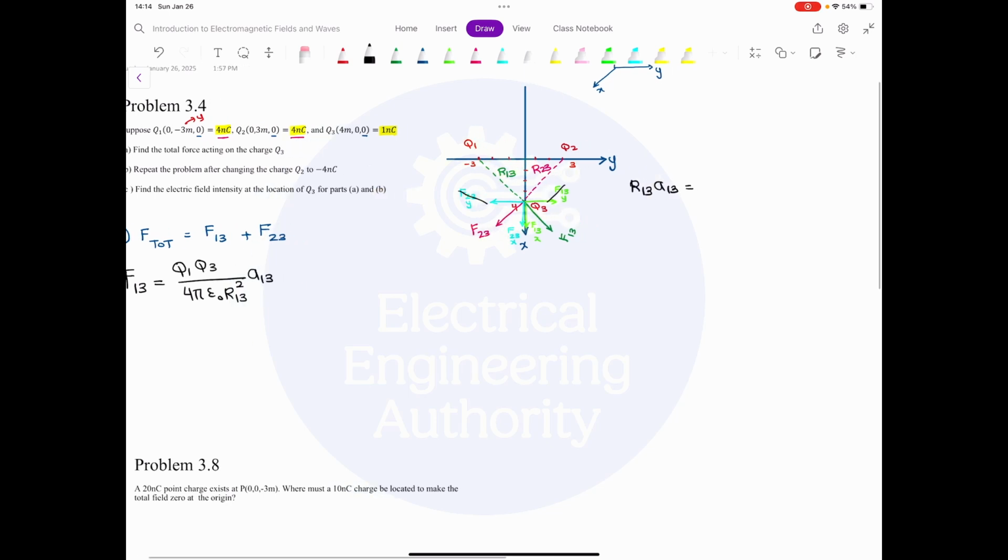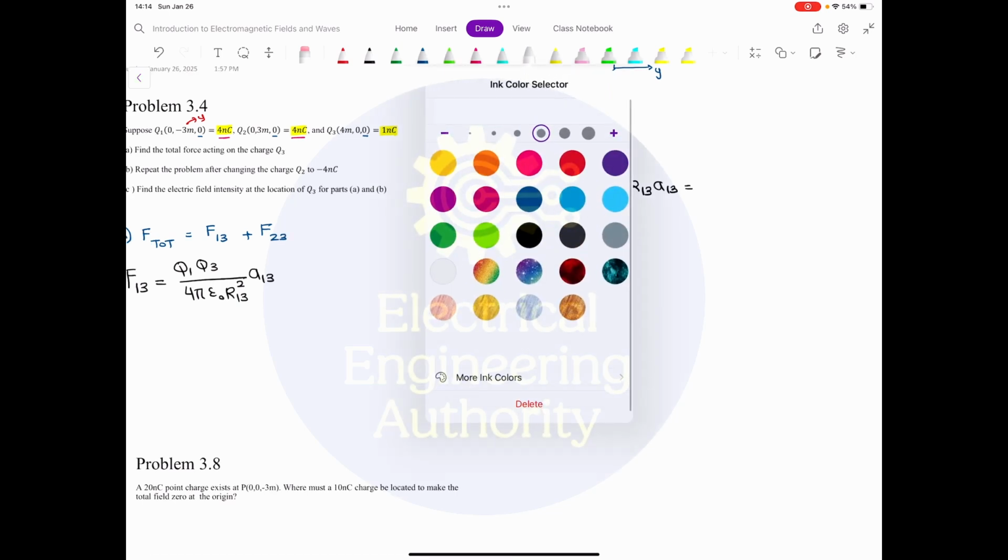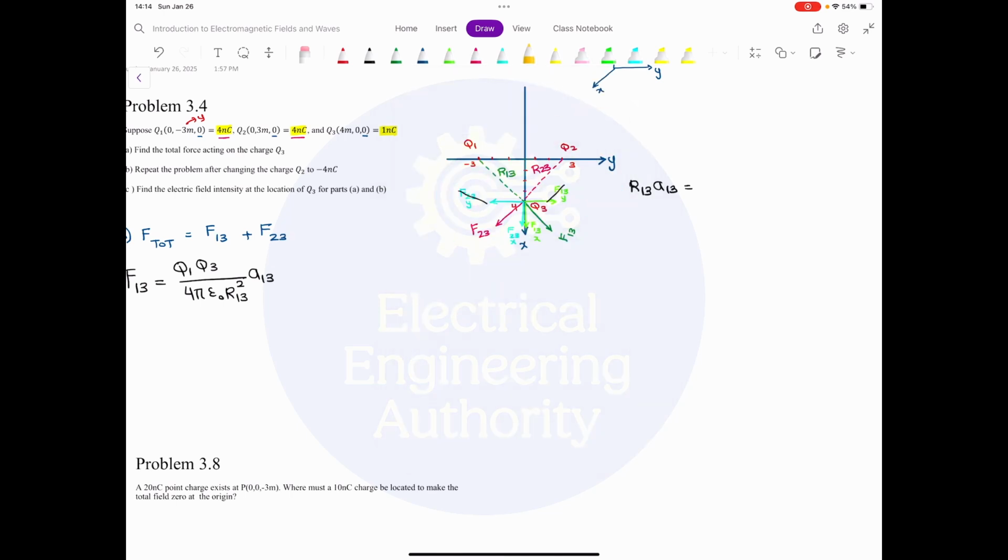So R13, you can see that it consists of these two vectors. So this is one vector. This is the other vector. The sum of these two is making our vector R13. So that is 3 AY plus 4 AX, right?